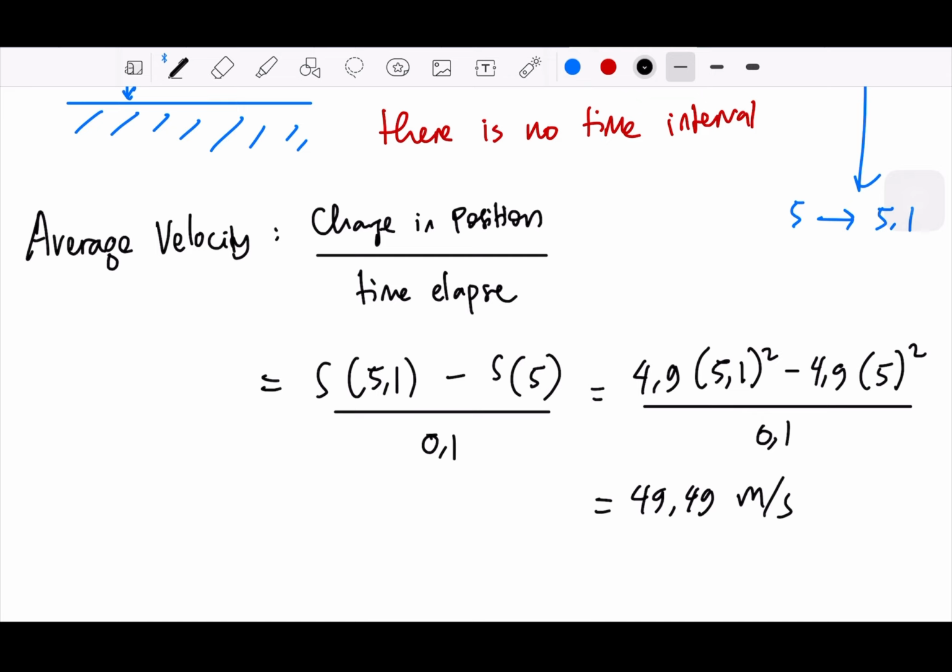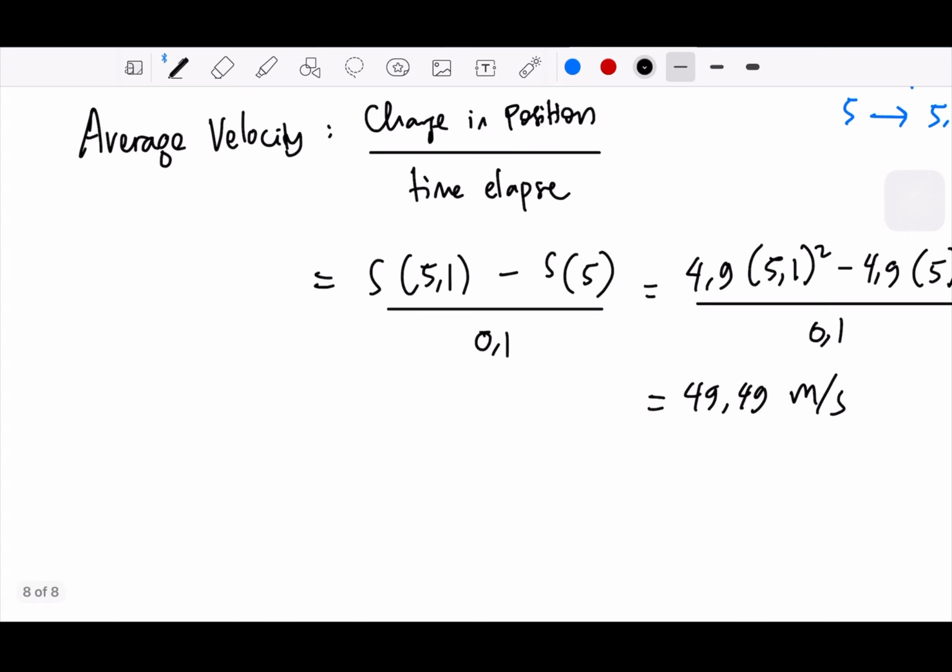So we have a 0.1 interval. Let me write here, we have 5 to 5.1, and the result is 49.49.